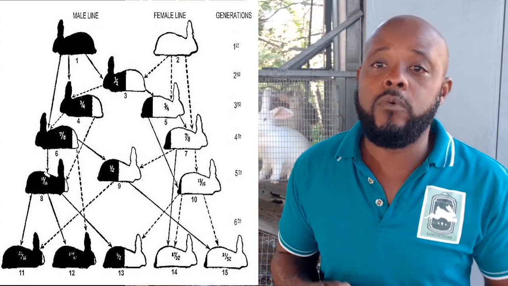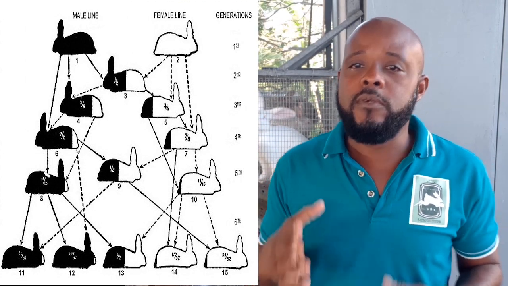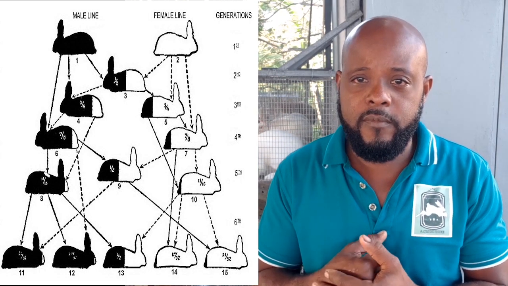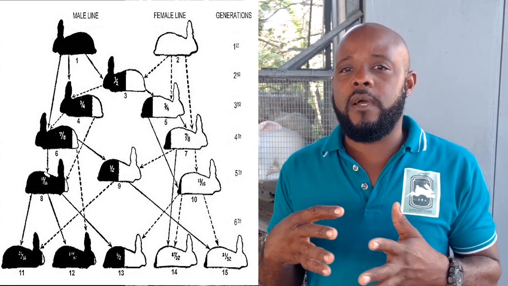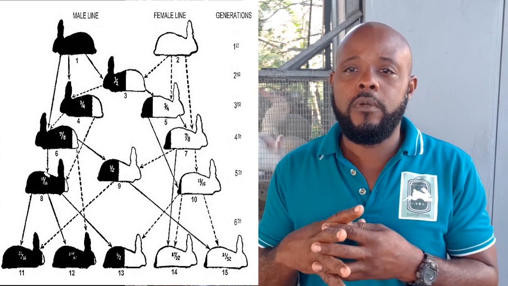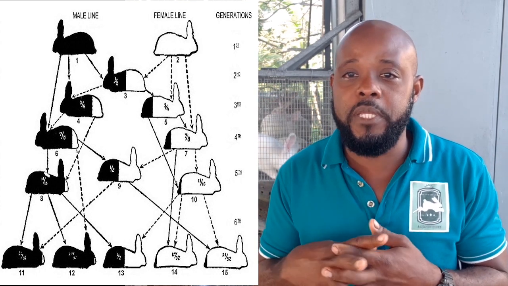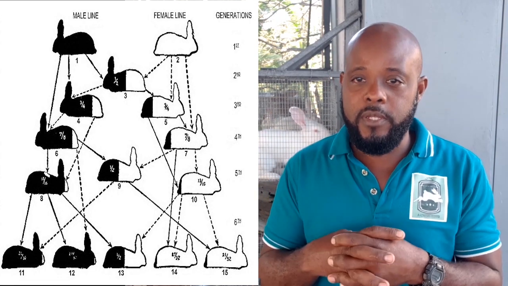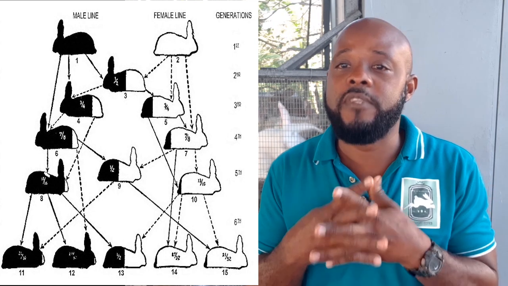Okay guys, now to my right you'll see a standard line breeding chart. You'll notice at the very top they start off with two, what I would suggest be two full-blooded pedigreed rabbits of the same breed.